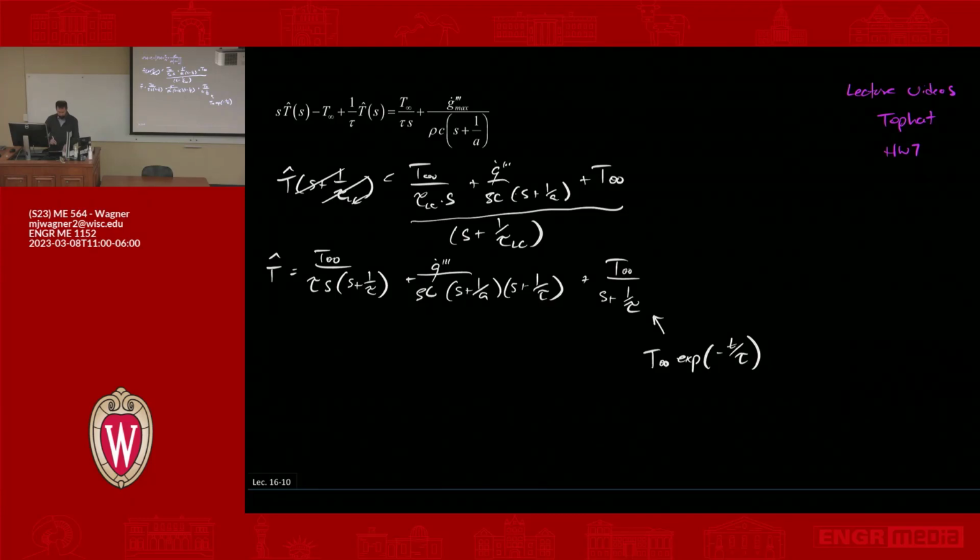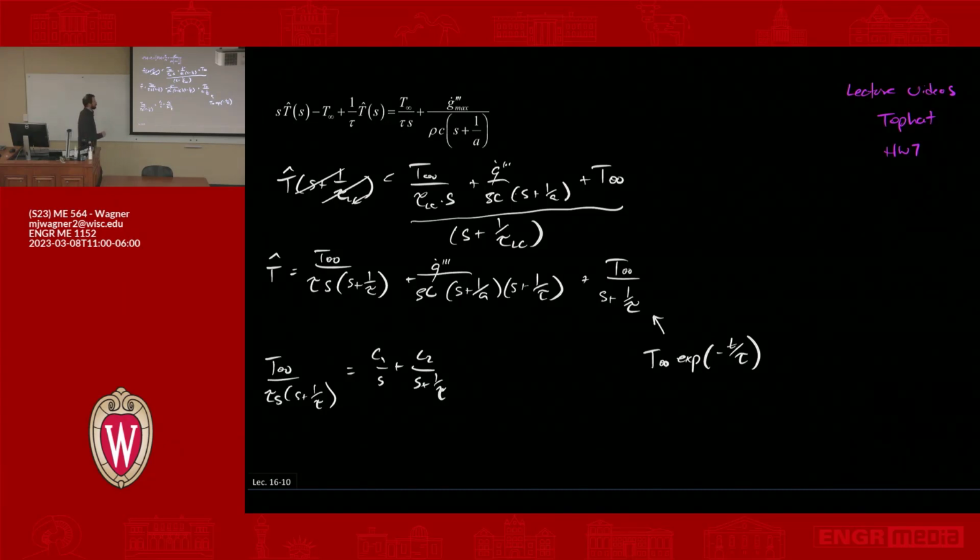So how should we proceed here? Let's take the first term, this one here, and start breaking this up. So the first term is t infinity over tau times s plus 1 over tau. And then let's assume that that's going to be equal to c1 over s plus c2 over s plus 1 over tau.